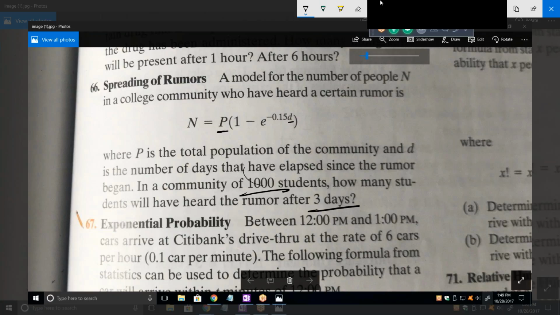So what is N equal to? 1000 times, in parentheses, 1 minus e to the power of negative 0.15 times 3. Yep.